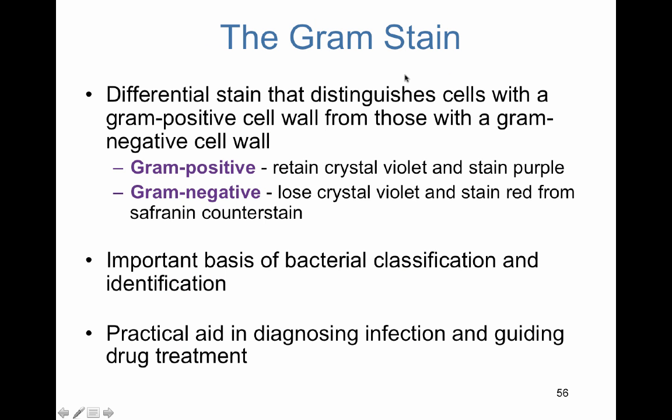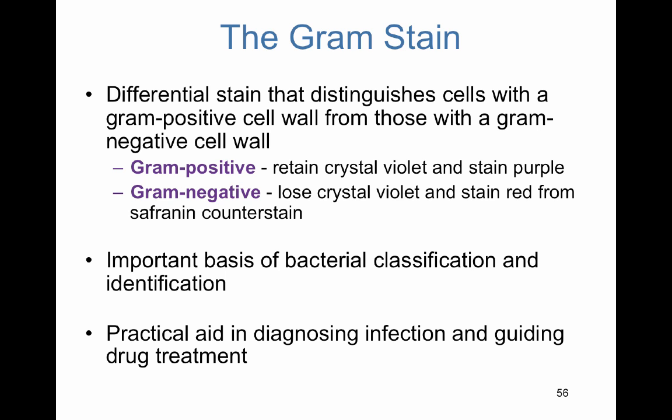Now, as far as the steps of the gram stain, remember, it's differential, right? So if you have a mix of staph bacteria that are gram-positive and E. coli that are gram-negative, you can process them through this staining protocol, look at them under the scope, and you'll see the gram-positive guys are going to be purple, the gram-negative will be pink. Now, this particular stain is very important. Classically, it's been used for bacterial classification and identification, and also diagnosing infectious disease and potentially guiding antibiotic drug treatment.